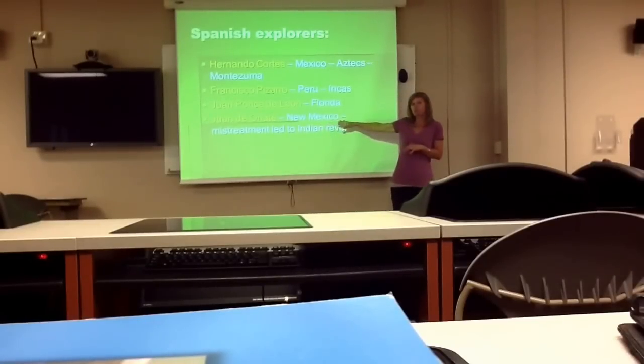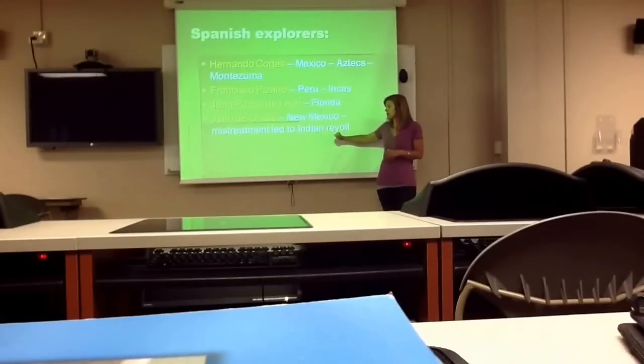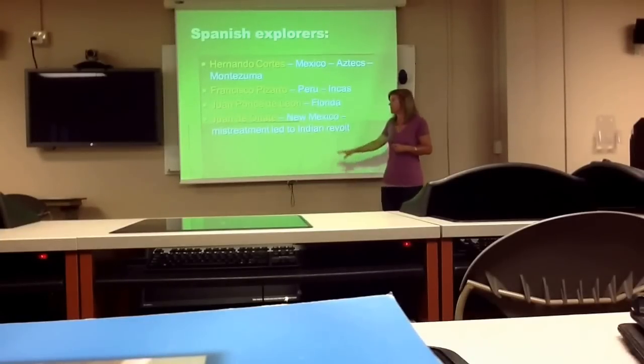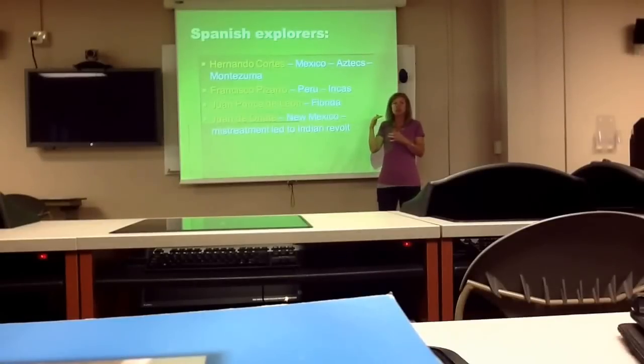In the area that today is New Mexico, you have Juan de Oñate. He's probably one you're a little less familiar with, but he's going to be over in that area of New Mexico today. And there will be significant mistreatment of the native people there, who then will revolt against him. That's going to tie in with a theme we'll see later on, where Spanish colonies in what today makes up the United States are just not really going to be successful in the long run.